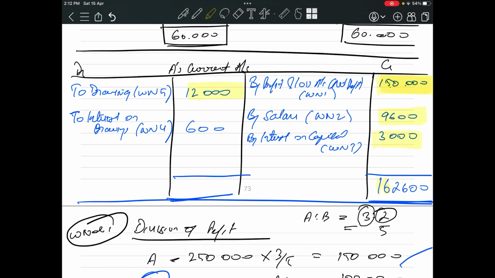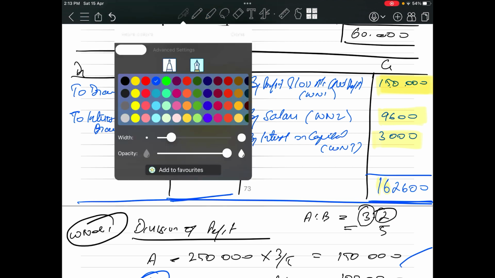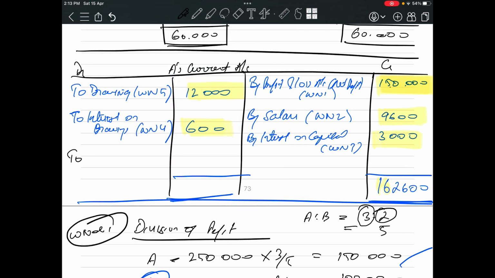Out of this we reduce 12,000 drawings and interest on drawings 600. So the balance carried down will be 1,50,000. This is your answer.